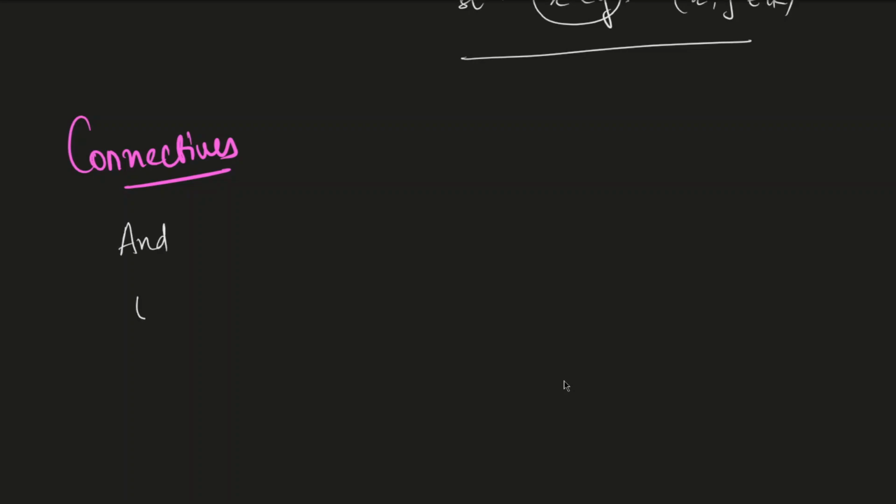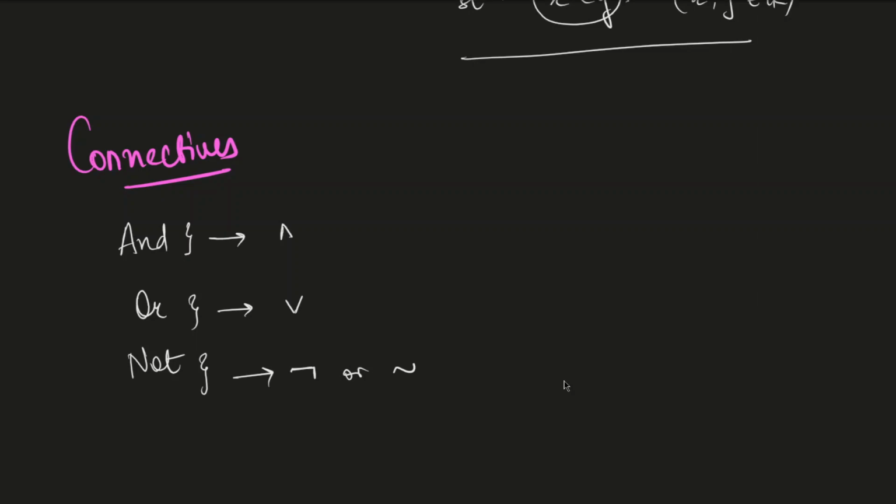There are and, or, not. Not is not technically a connective, but and is denoted by this symbol, or is denoted by that, and not is negation, which is denoted by that or that. In front of a statement, we'll say it's not.